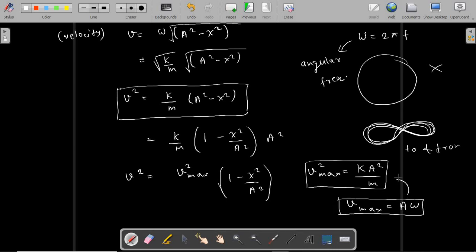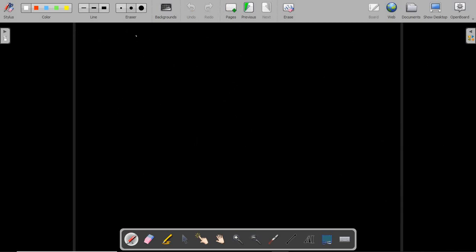From here v max square will be a square times omega square, and omega square is k by m, right? So from here we are getting that v is equal to plus or minus v max times the square root of 1 minus x square over a square.